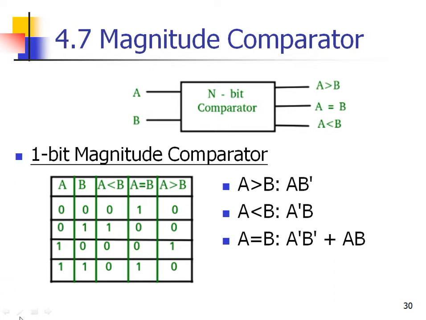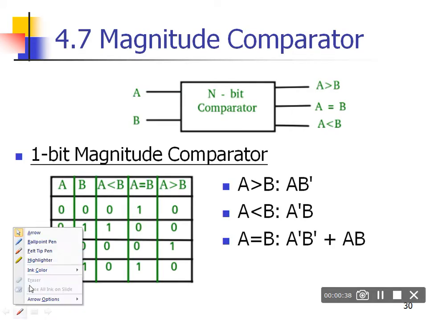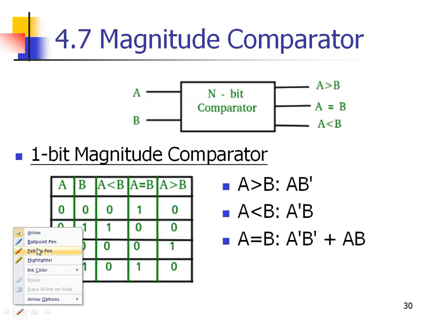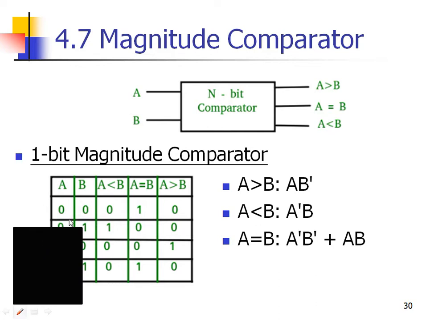So in these we need to identify and compare, and we have to show whether the comparator is working for the logic circuits. Let us start with a 1-bit magnitude comparator. For a 1-bit magnitude comparator, if you consider A and B are the two inputs, the various combinations are 4.